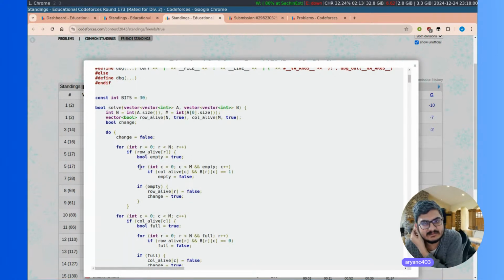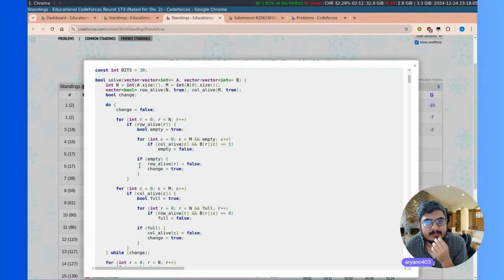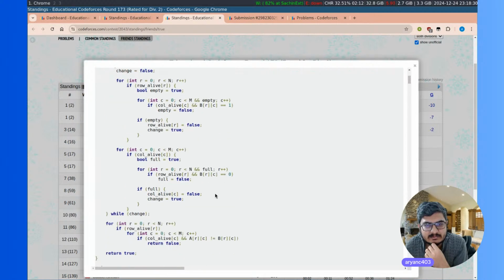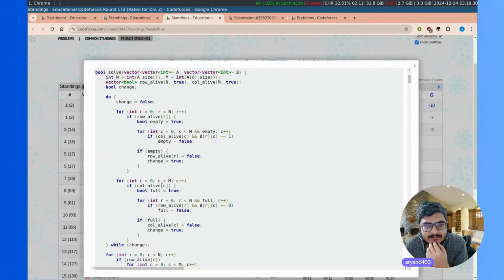Okay, what he is doing is essentially DFS. If you have some alive row and the column is also active and the value is set, you mark it as empty. Okay, so this looks more like simulation.